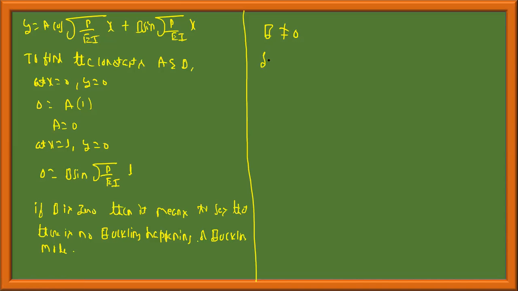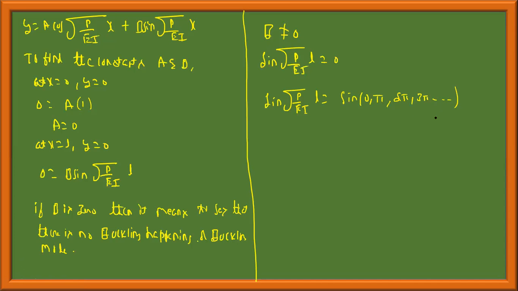Therefore, the possibility is that sine root P by EI into L should be equal to 0. Sine 0 is equal to 0, sine pi is 0, sine 2 pi is 0, sine 3 pi is 0, sine 4 pi is 0, and this will continue like this.